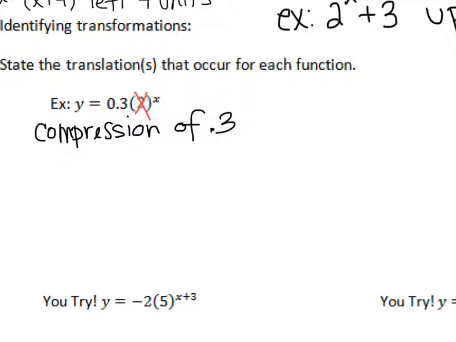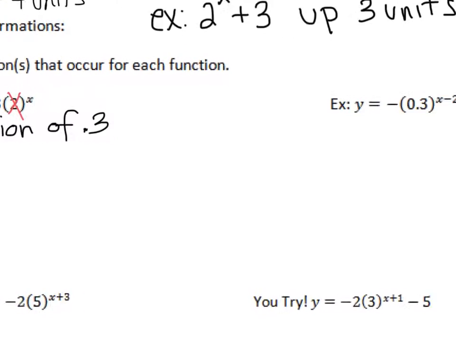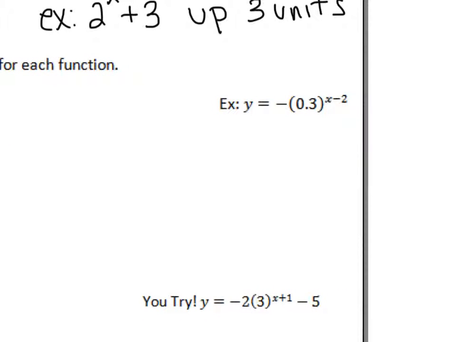There's nothing else in that equation, so that is the only transformation that we need to identify. Moving over to the example on the right. Remember, the base, the number that's being attached to the exponent, is not part of our transformation, so this time the 0.3 does not matter. So I look at what else is going on here. Well, there's a negative here. Negative is always a reflection.